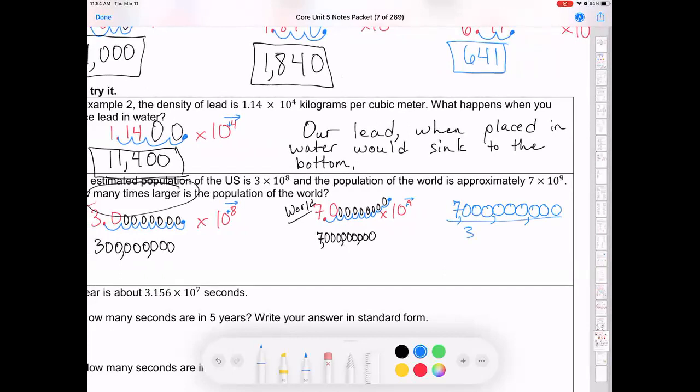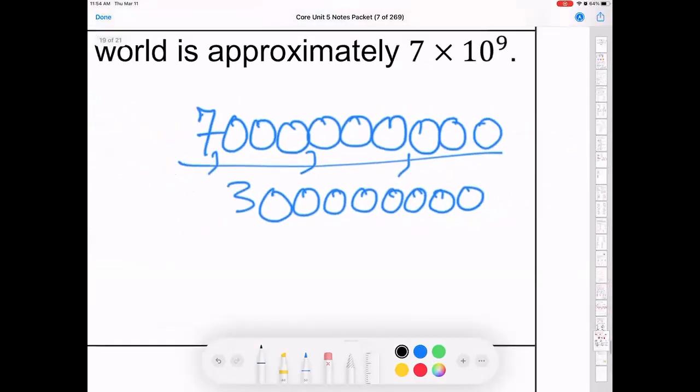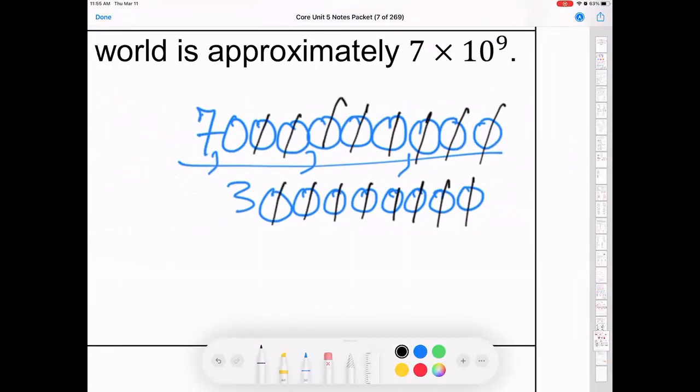And then what you can do very nicely and easily, especially with standard form, is start to cross off zeros. Make your life easy. So it looks like it boils down to be 70 over 3.